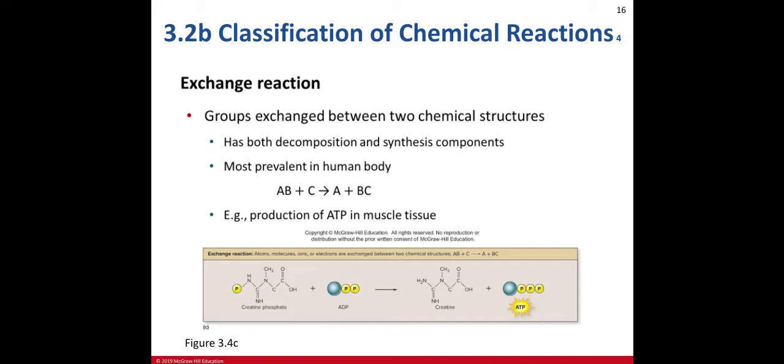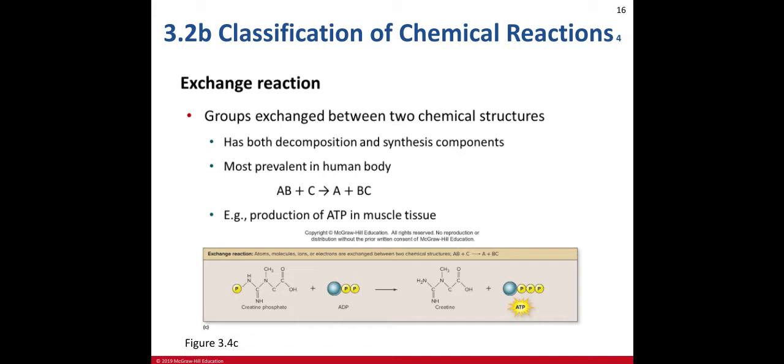Then, slightly more complicated, we have exchange reactions. And that is where you've got a group or a chemical that is going to be exchanged between two different chemical structures. So there is a part of this reaction that is a decomposition and a part of it that is a synthesis.